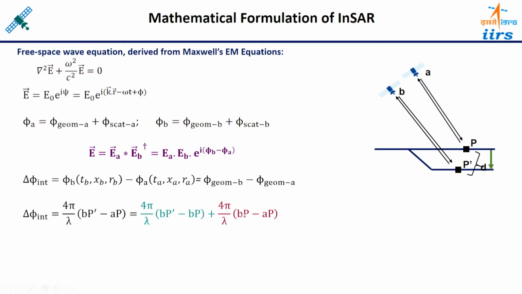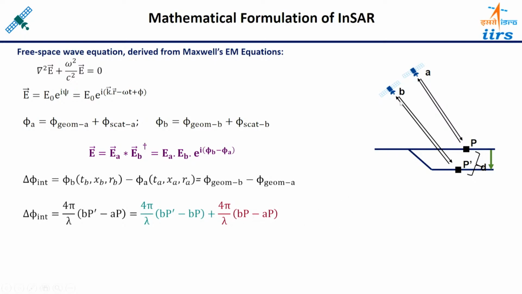And this red colored term, 4 pi upon lambda into BP minus AP, is related to the DEM phase, or you can say topographic phase. If you are calculating images from two different satellite positions of the same area, you are able to generate topography of that region. A similar situation is happening over here.